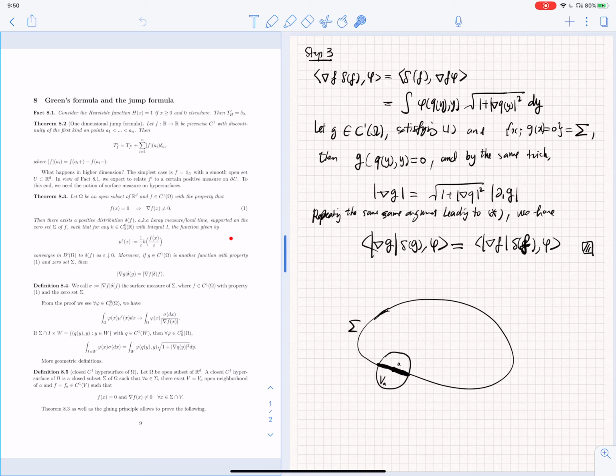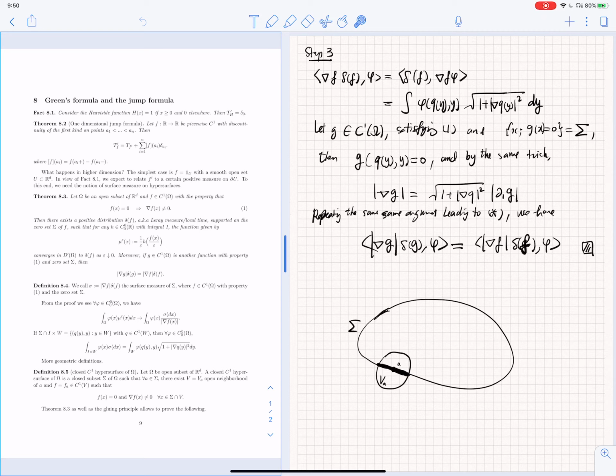in this situation. So locally, in the sense that for any a on the hypersurface, we can find an open neighborhood and a function such that everything in here is true.